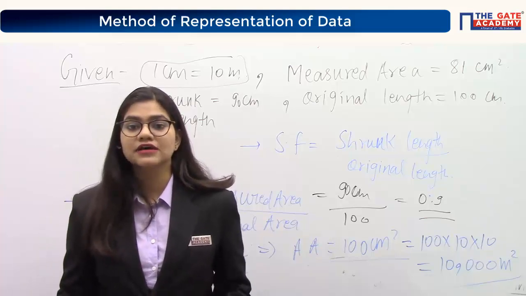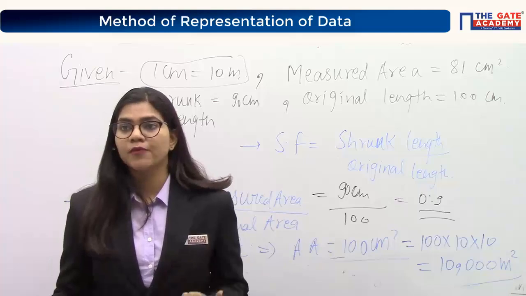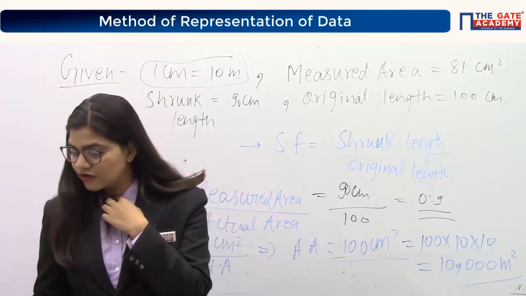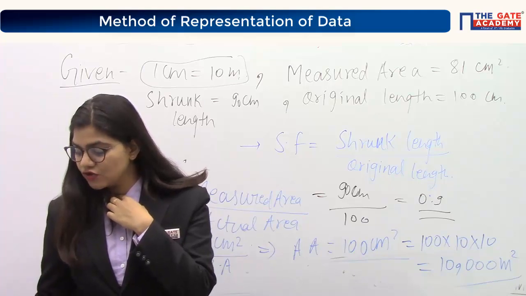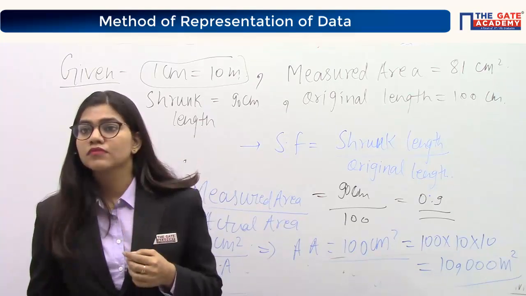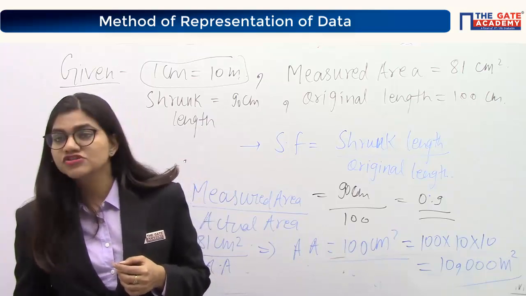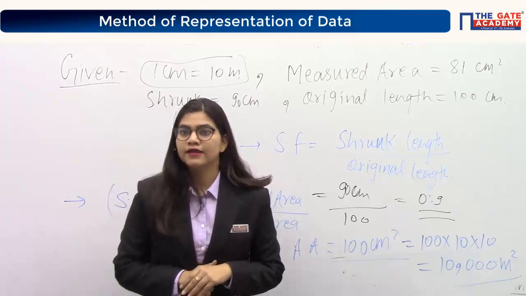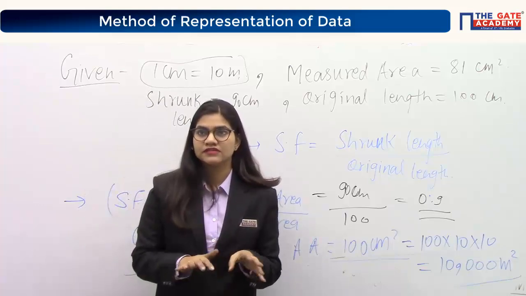C is land survey. And D is topographic survey. This question came in year 2014 in set 2 for 1 mark. Answer is topographic survey. Right? Is this clear to everyone?